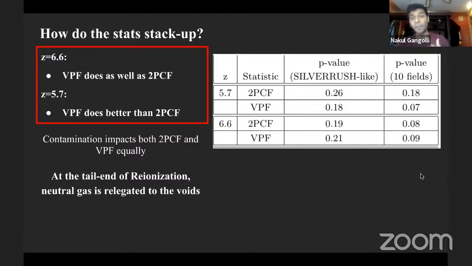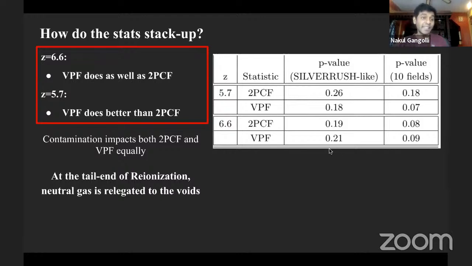And then we bootstrap resample each case 10,000 times over and construct a chi-square distribution for a completely ionized IGM. Then we assume that we observe a curve which corresponds to a late reionization ending model, which is 30% neutral at redshift 5.7 and 50% neutral at redshift 6.6, and calculate the p-value of observing such a curve in a completely ionized IGM.